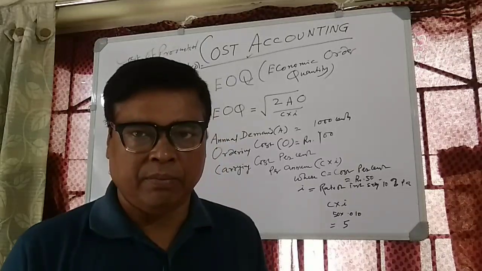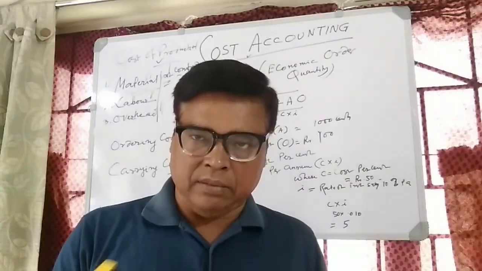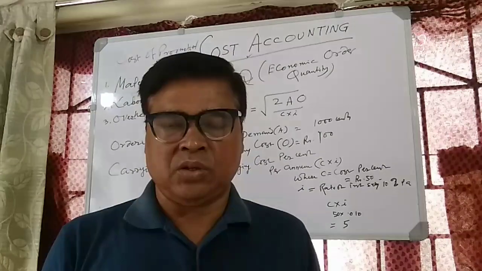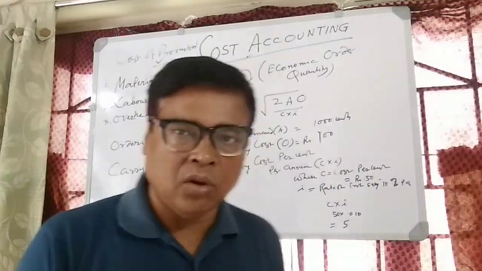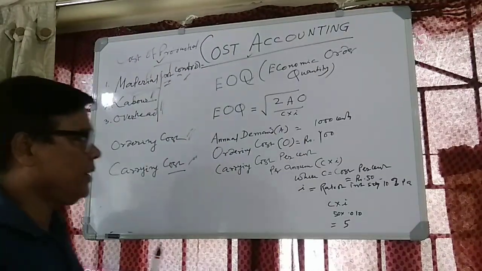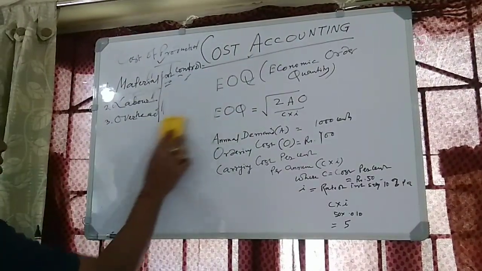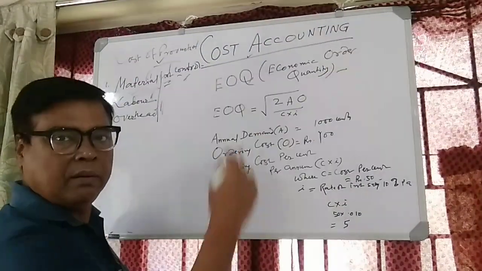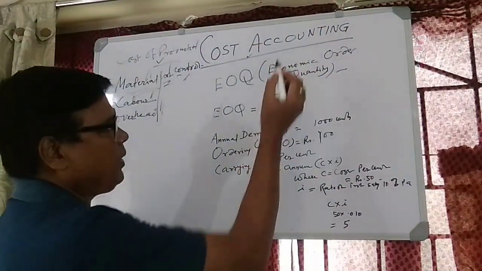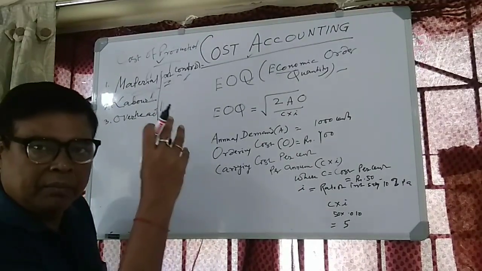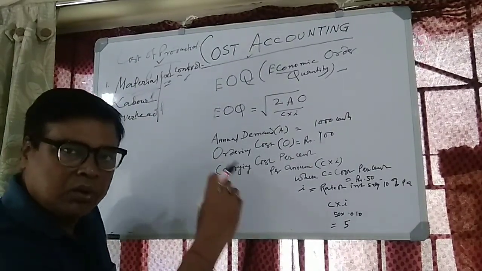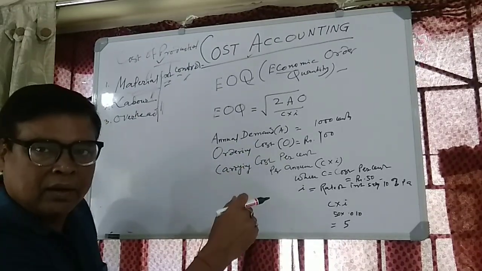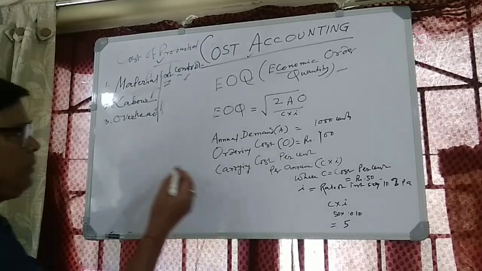By its name, it tells what quantity of material to be purchased so that both carrying cost and ordering cost will be reduced. That is the minimum quantity you can purchase so that your production will not be disturbed, and at the same time both carrying cost and ordering cost will be minimum.